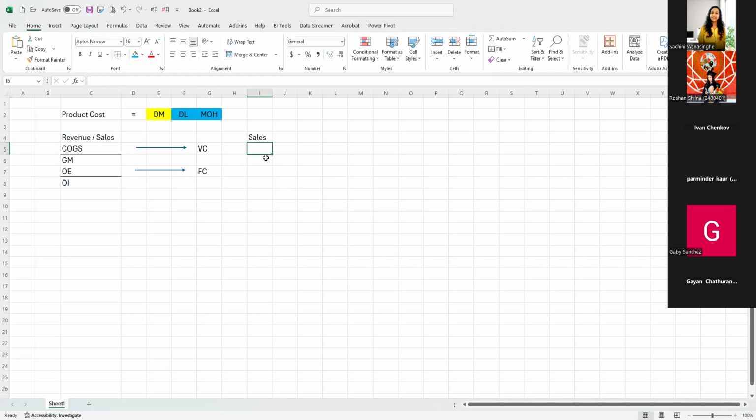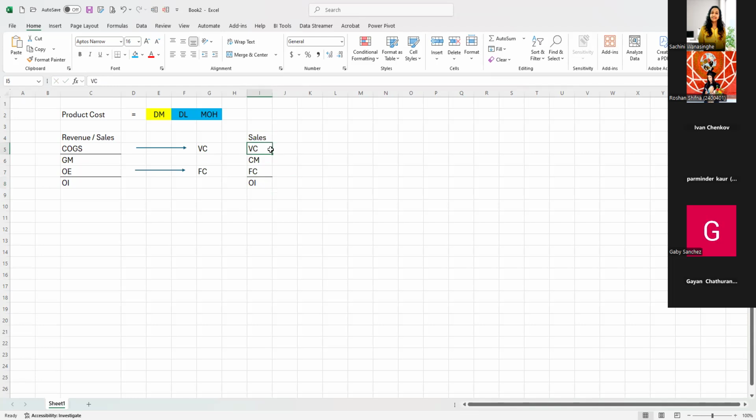Then we have variable cost, and that's our first calculation. Once we get those two, the next thing is contribution margin. Then I deduct the fixed cost, and whatever is left is operating income.